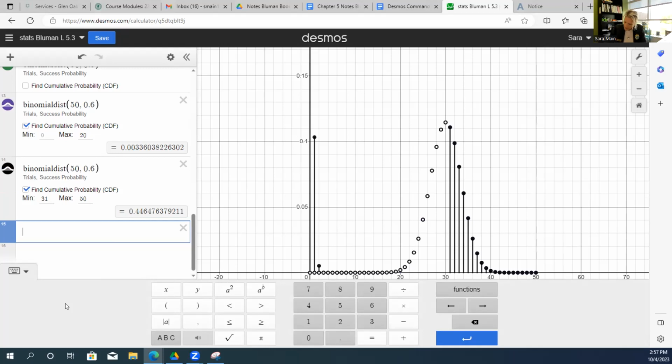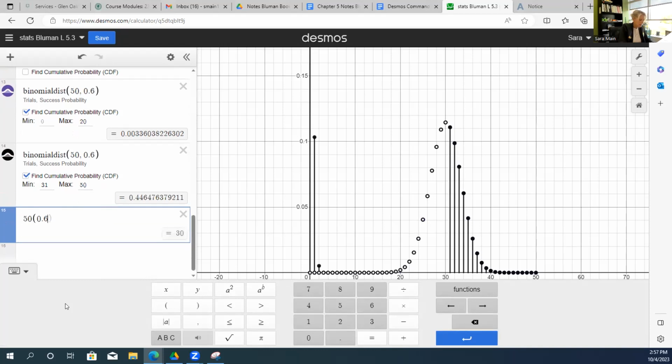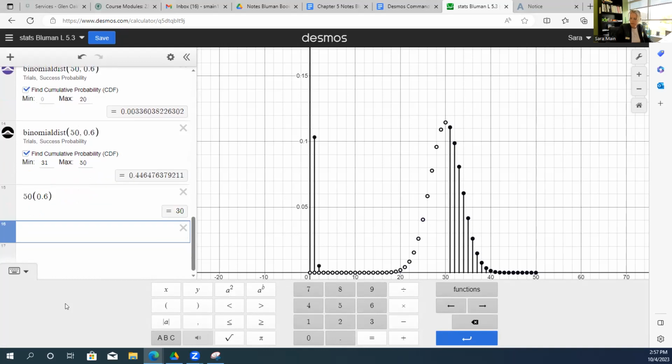And then C says, use the formulas to calculate the mean and the standard deviation. So the mean is going to be N, which is 50, times the probability P, which is 0.6. So on average, we would expect 30. I'll show you my paper in a minute.